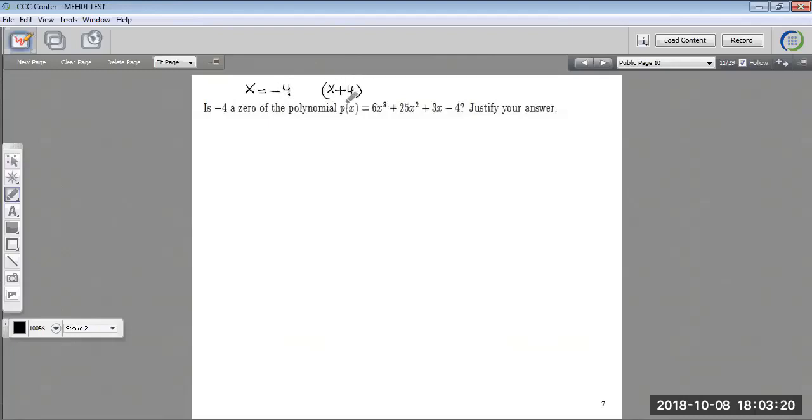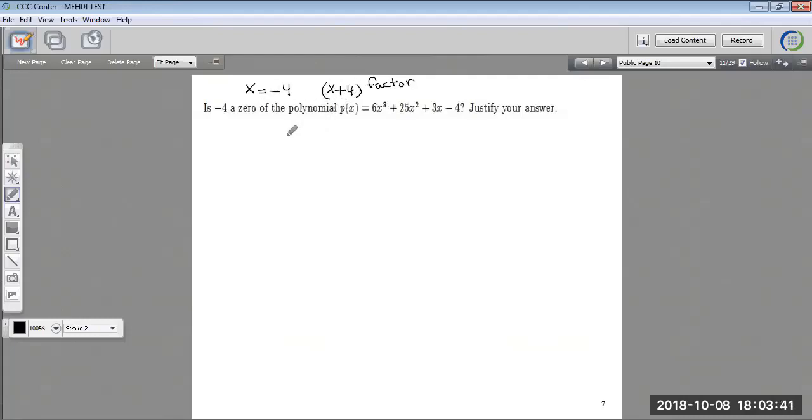If negative 4 is a solution, one of the factors of the polynomial must be x plus 4, right? If I solve x plus 4 equal to 0, x would be equal to negative 4. This is my 0, this is my factor.